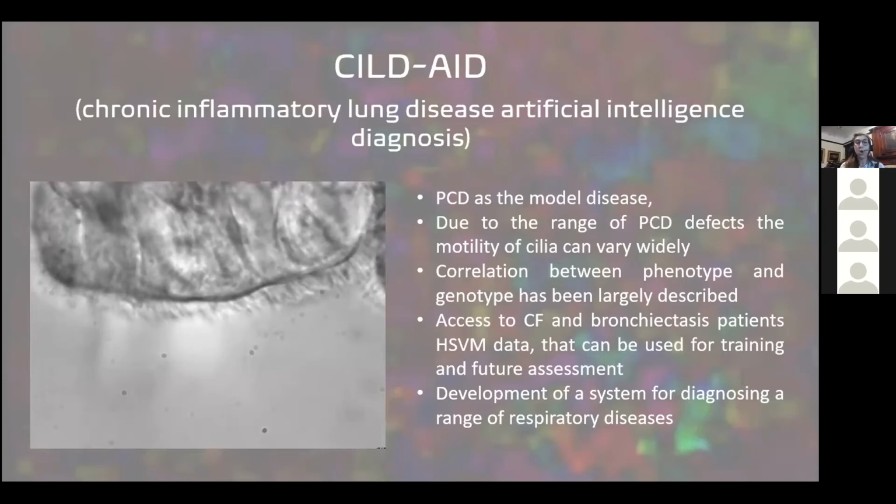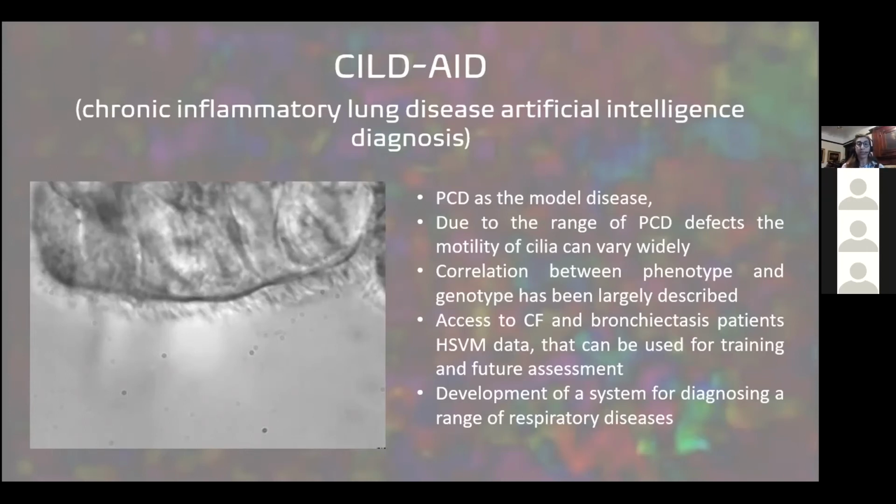But in this case, we are trying to use the machine to identify patterns in beating in high-speed video microscopy. And this might sound a little bit more challenging, and if it sounds so, it's because it is, but it's also more rewarding because this analysis, as we all know, is quite subjective, and it might lead to sometimes, not to say discussions, but we can have disagreement in how a case looks, but we want to see how a machine would look at these cases and how easily it would pick up these defects.